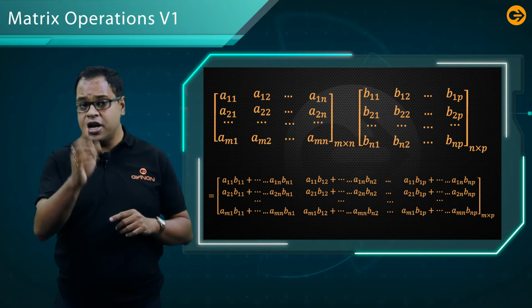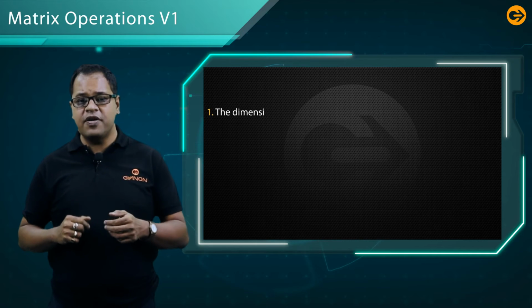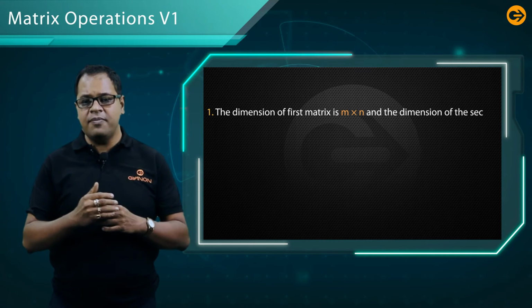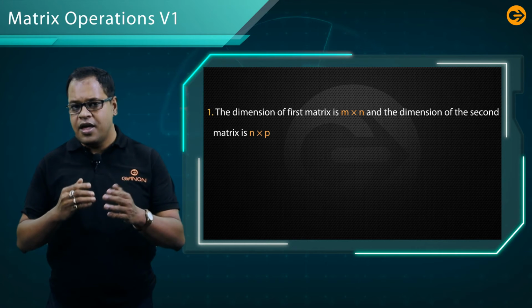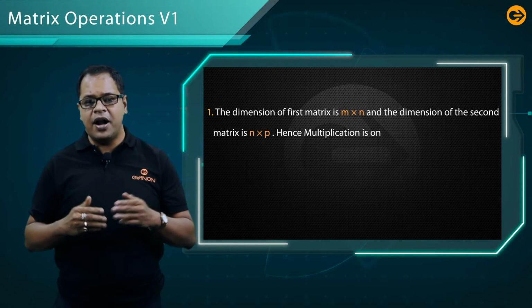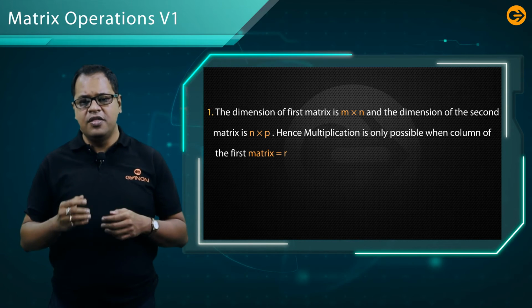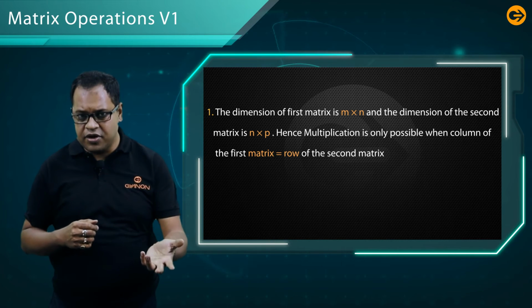The point to be noted in this case is that the dimension of the first matrix is M cross N and the dimension of the second matrix is N cross P, as I told you earlier. Hence, the multiplication is only possible when the column of the first matrix is equal to the row of the second matrix.